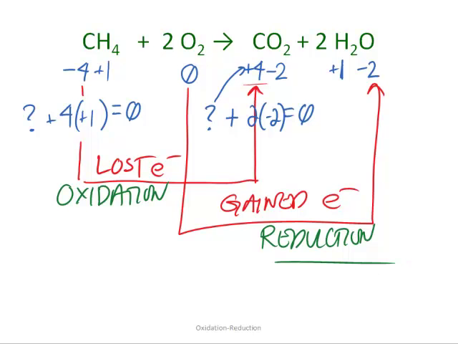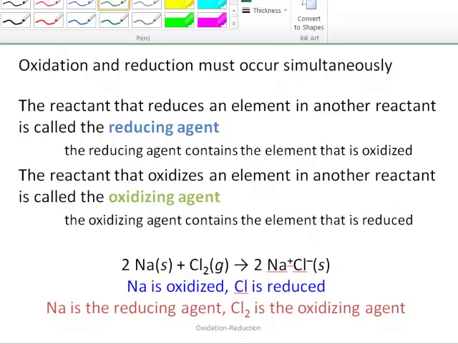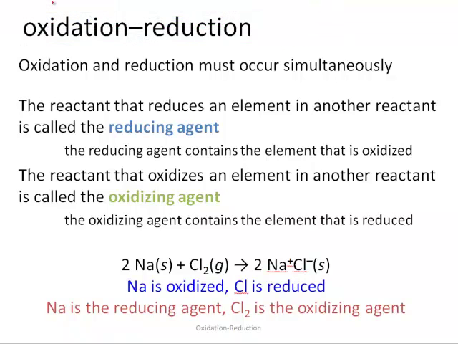Now another set of terminology we can use for this is the idea of agents. You often hear something as an oxidizing agent or an oxidizer, and what that implies is that it will remove electrons from a species. So back to our sodium and chloride example. We know that sodium is oxidized, chlorine is reduced.